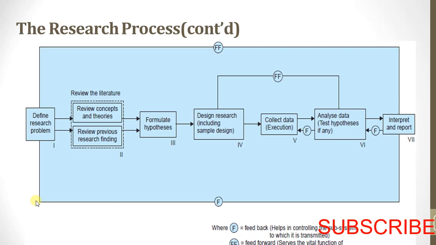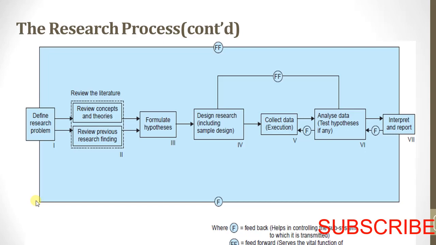Review of literature involves systematic analysis: review concepts and theories, then review previous research findings. The next step, formulating the hypothesis.